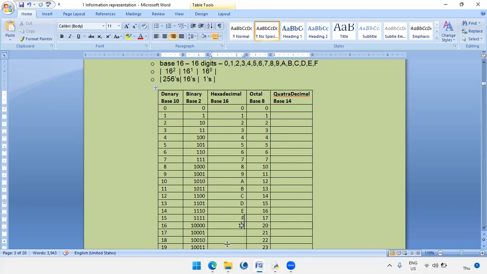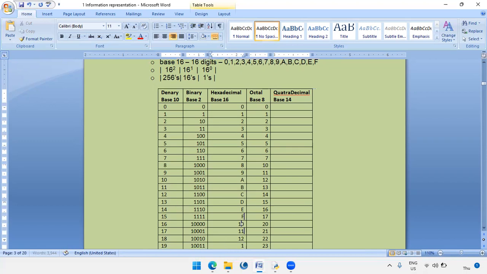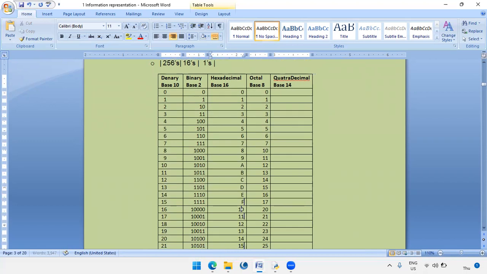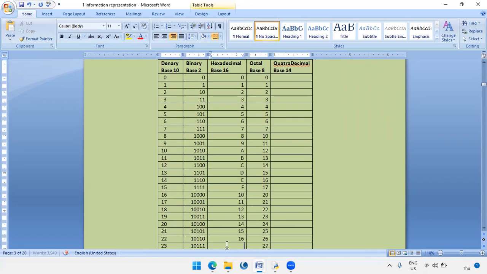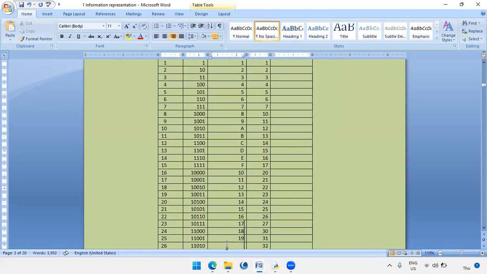Next one is 1, 1, 1, 2, 1, 3, up to 1, 8, 1, 9. Afterwards, what? 1A. Correct.